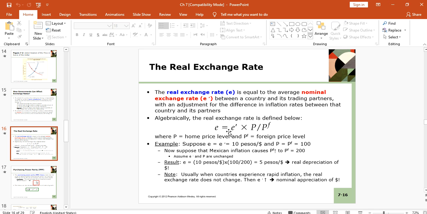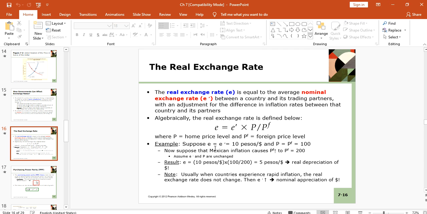So how do we calculate it? This is the nominal exchange rate. Actually, this is the real exchange rate. This is the nominal one. So price in the home currency, it means inflation in our currency, divided by inflation in the foreign currency.